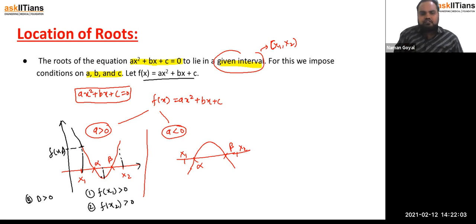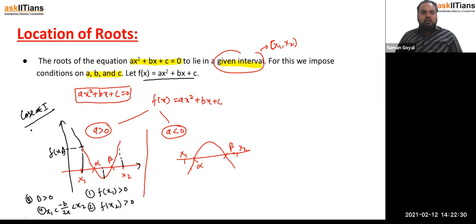If you see in this graph, the value minus b upon 2a is greater than x1 and less than x2, right? So the fourth condition is that minus b upon 2a is greater than x1 and less than x2. So basically these four conditions we have for case 1.